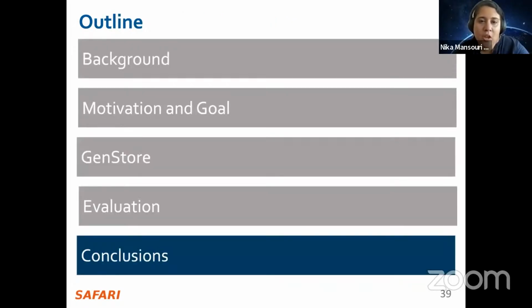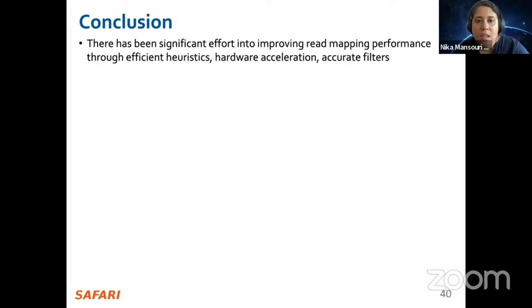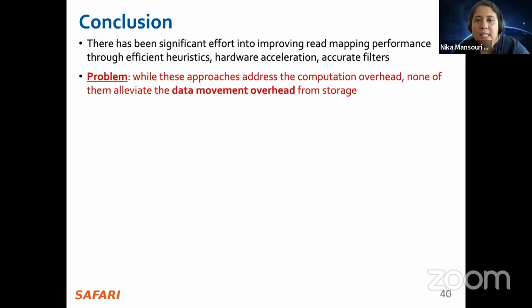Now, let me conclude the talk by giving the summary. There has been significant effort into improving read mapping performance through efficient heuristics, hardware accelerators, and various filters that prune reads that do not require expensive computation. While these approaches address the computation overhead in read mapping, none of them alleviate the data movement overhead from storage, whose impact becomes even larger when the computation overhead gets alleviated.